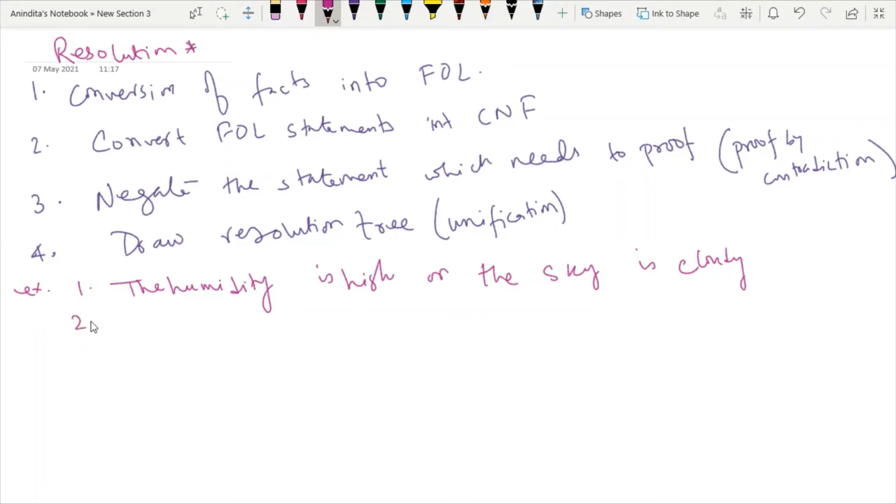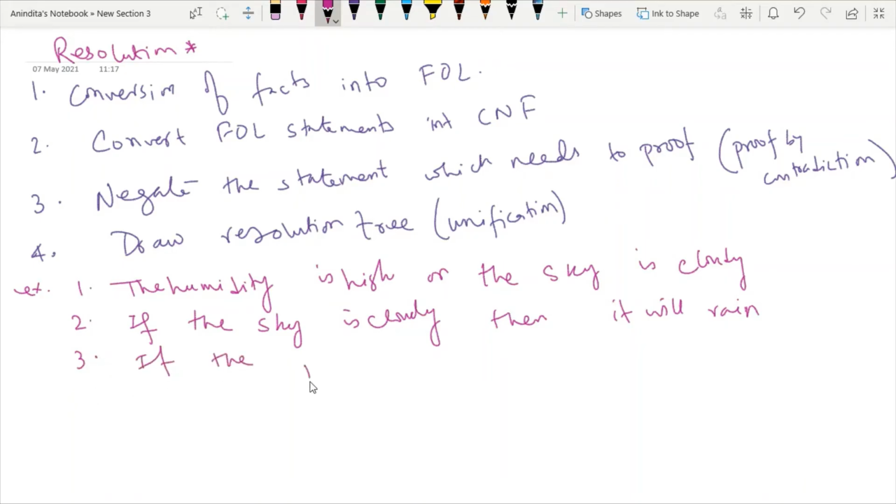This is the first fact given to us, but we know that in order to perform the resolution algorithm, we need more facts. So the second fact given is if the sky is cloudy, then it will rain. Then we have two more facts.